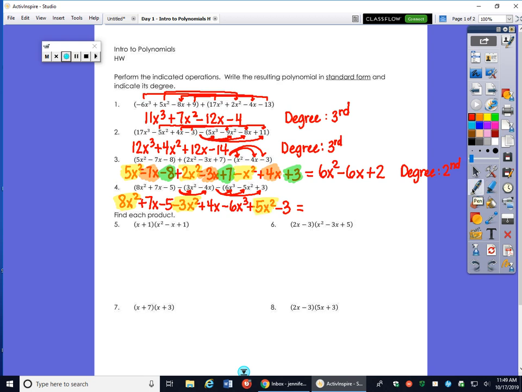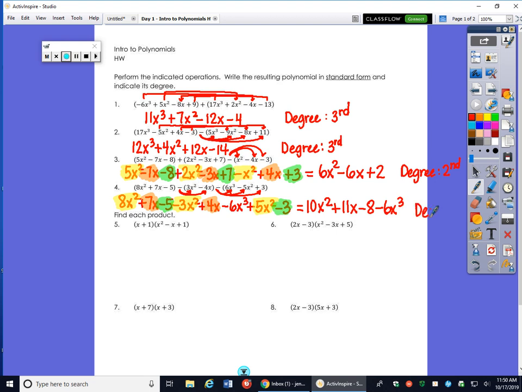So 8 minus 3 is 5, and 5 is 10x squared. And then we have a 7x and a 4x, and that's it. So that becomes 11x. And then we have negative 5 and negative 3, which is negative 8. And then we have the negative 6x to the third.